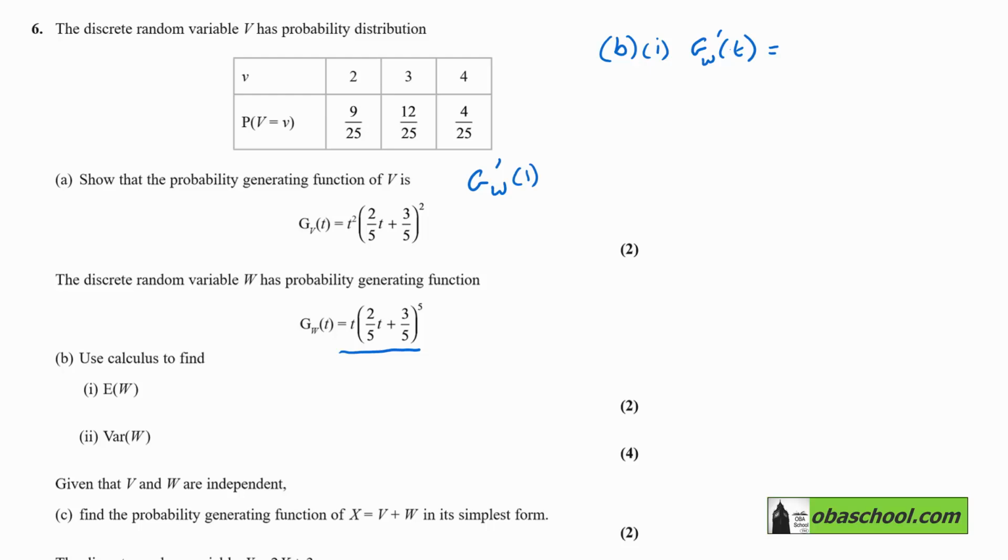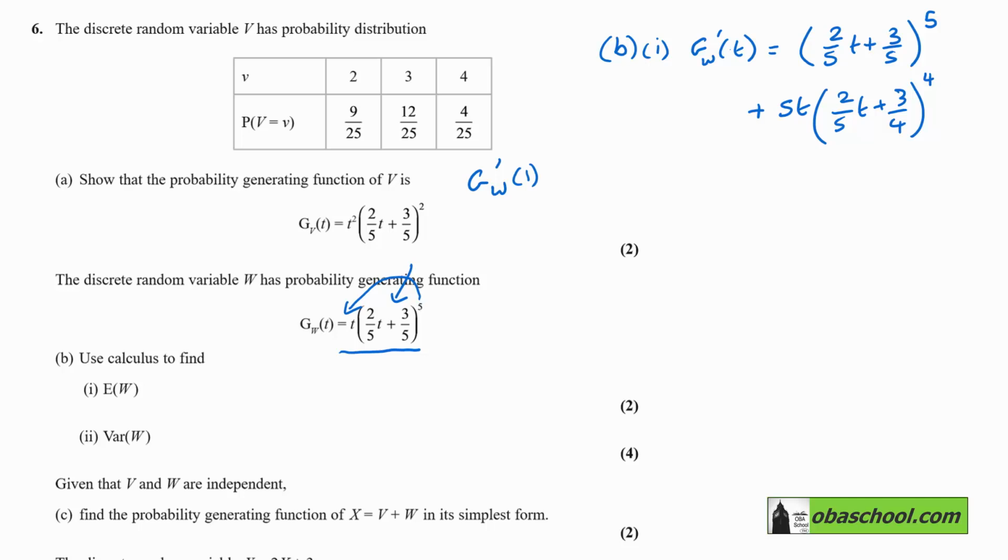It's a product. So we're going to have the bracket multiplied by the differential of t, which is just 1. So that's going to give us (2/5 t plus 3/5) to the 5 plus t times the differential of the bracket. So when we do that, the 5 will come down in front and multiply. So we're going to have 5t, and then we'll have (2/5 t plus 3/5) to the 4.